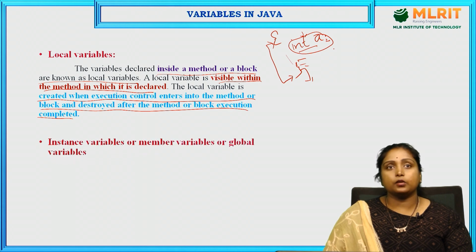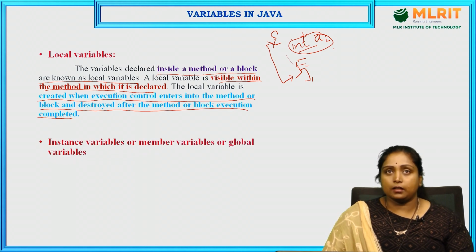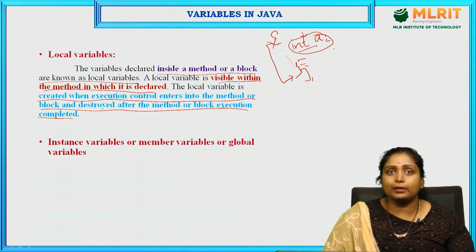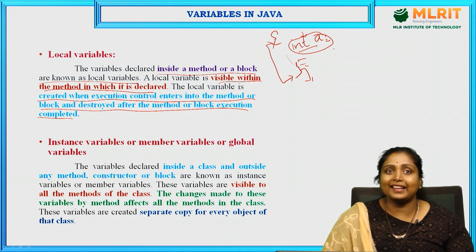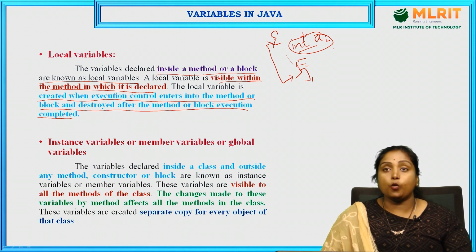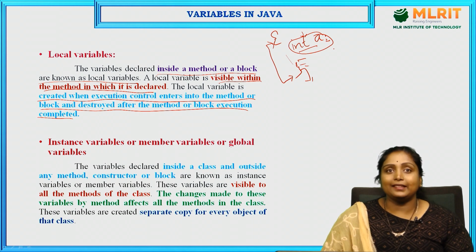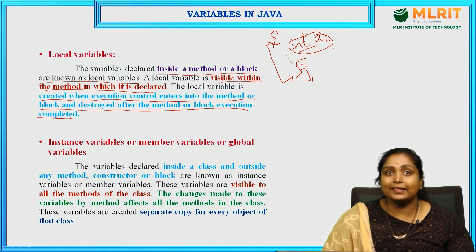Okay, so next variables are instance variables, or you can call them member variables or global variables. So whenever you declare a variable inside a class and outside a method, this variable is known as an instance variable or member variable or global variable.